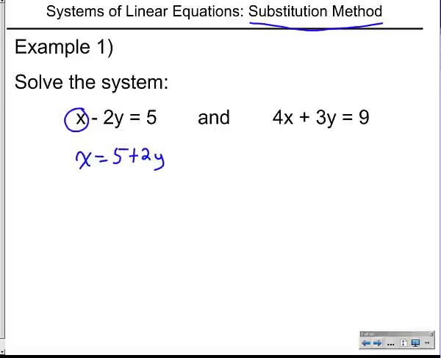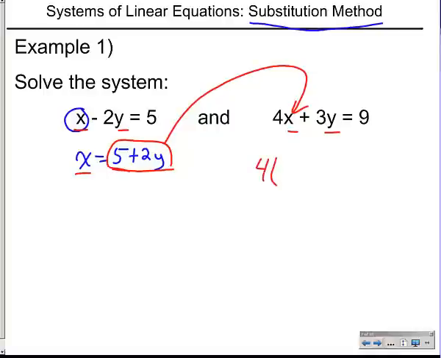Since both of these equations have x and y, I'm going to take this entire expression, which is x, and substitute it right here in place of x. So I'm going to rewrite that as 4 times (5 + 2y). Remember, that was x, but now we replace it with what x is equal to, plus 3y equals 9. Now you can see I have a multi-step equation that has only one variable left in it.